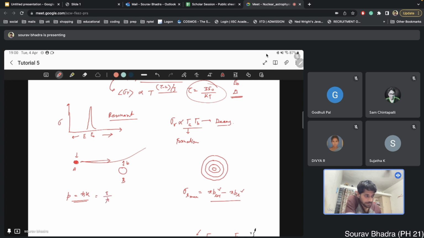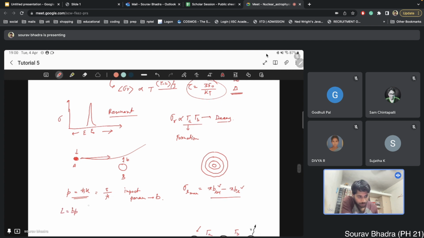This is the expression. And if your impact parameter is B, then your L can be written as B times p, where L is the angular momentum, and it can be written as B h cut by lambda cut. So this is just a brush up of things which I have already done. So fine, this is what we got.